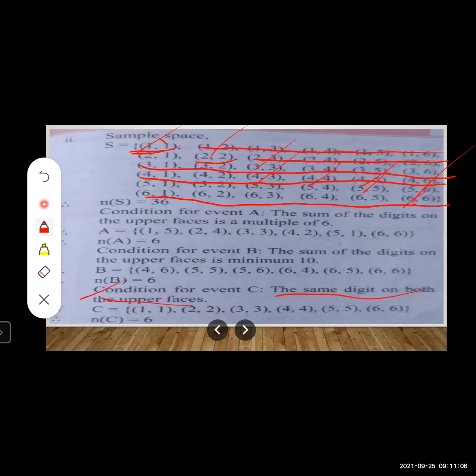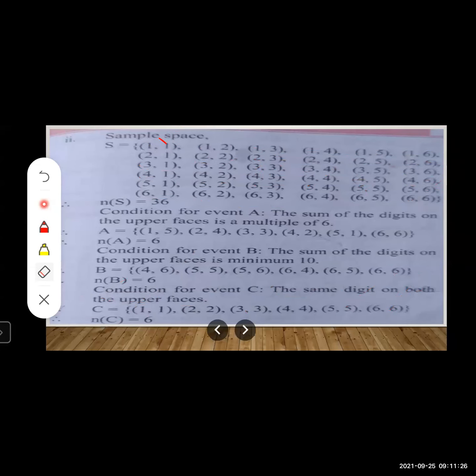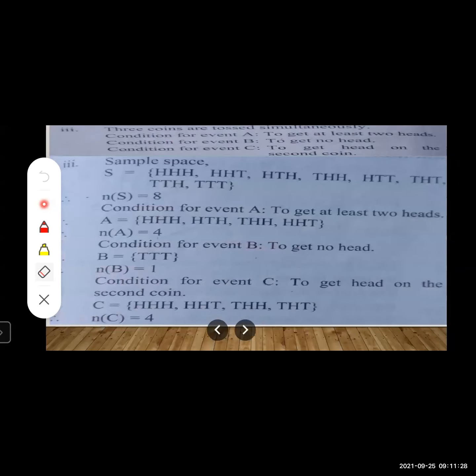So let us write this as a favorable outcome, right? In the event C. And when you count this, it comes out to be 1, 2, 3, 4, 5, 6. So you will write n(C) is equal to 6. Okay, students? Okay.